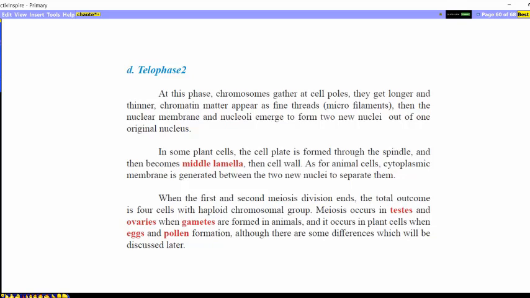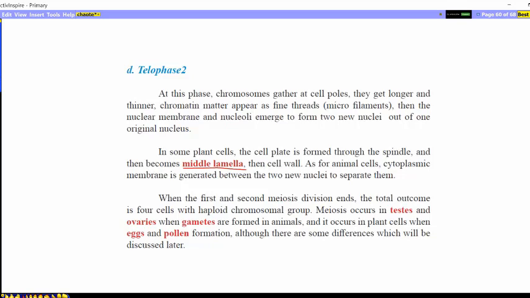But in telophase 2, the nuclear membrane and nucleoli form, and spindle fibers disappear totally, which did not happen in telophase 1. In some plant cells, the cell plate is formed through the spindle and becomes the middle lamella. We remember the middle lamella as one of the 3 components of the cell wall. As for animal cells, the cytoplasmic membrane is generated between the 2 new nuclei and separates them, similar to mitosis.